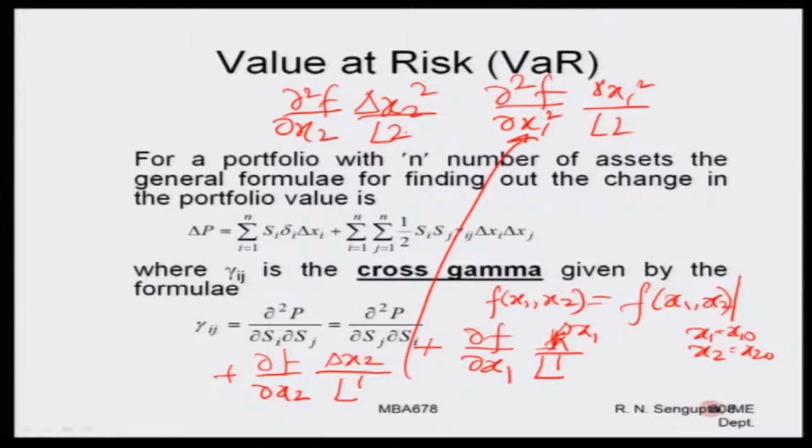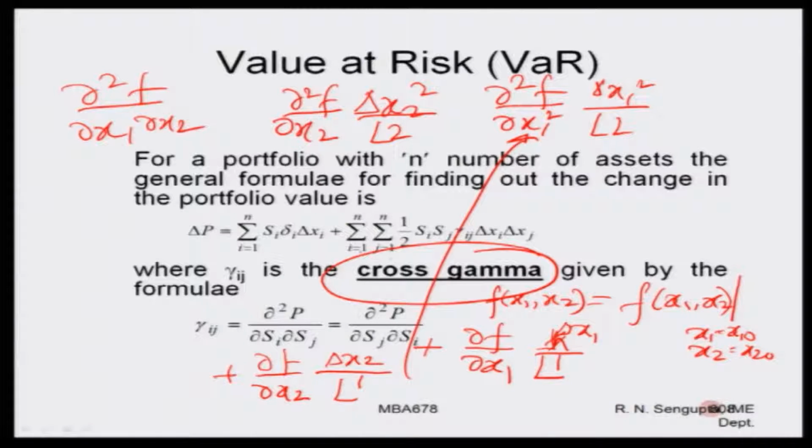The interesting part is that there are also terms which are del 2f del x1 del x2, and it can also be del 2f del x2 del x1. These are the cross gammas coming into the picture. The cross gammas correspond to the rate of change of the function a second time with respect to the first and the second, or the second and the first, which means they should be symmetric values.